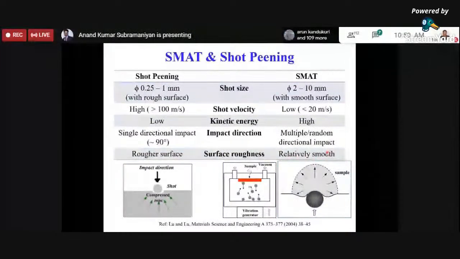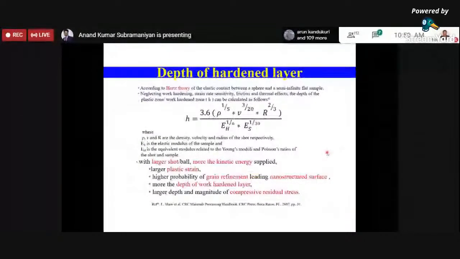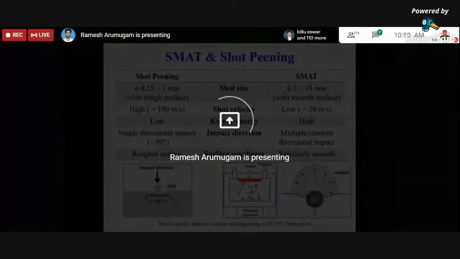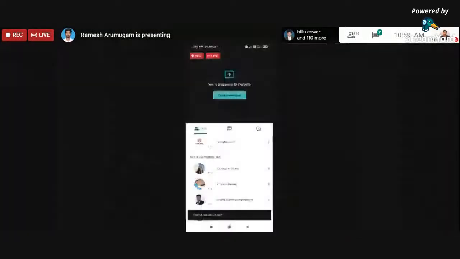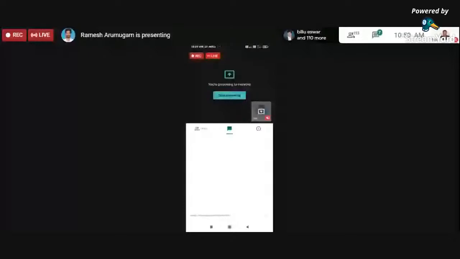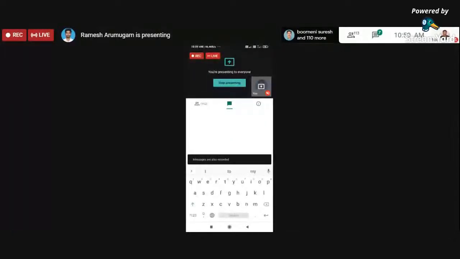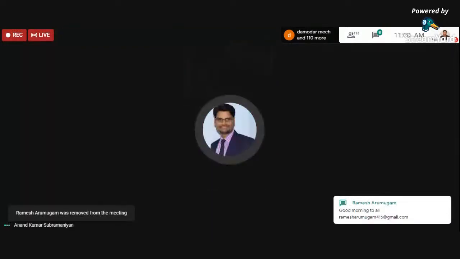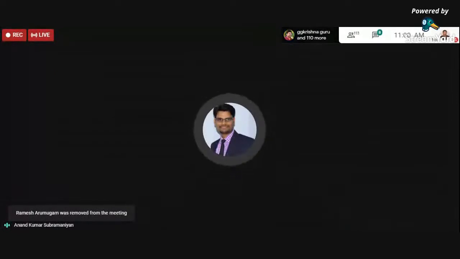Okay, so now this particular slide is going to give us the comparison between the SMAT and shot peening process. If you look at the ball size or the shot size that we are using, in shot peening it is less, and in the case of SMAT it is more. And it can be used in this particular analytical equation, which was developed by Hertz, who proposed a theory called Hertz theory.